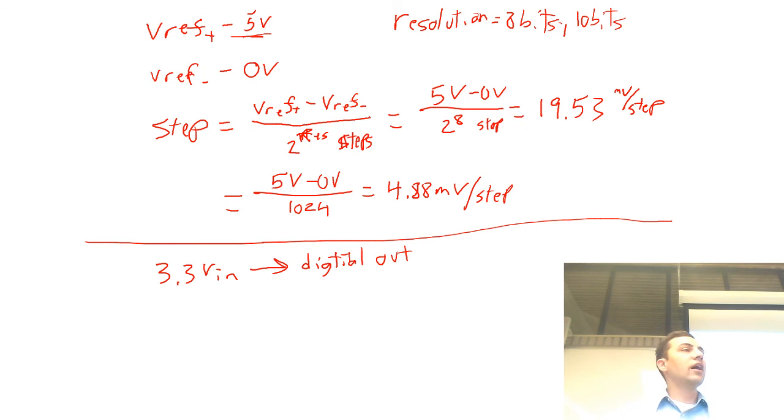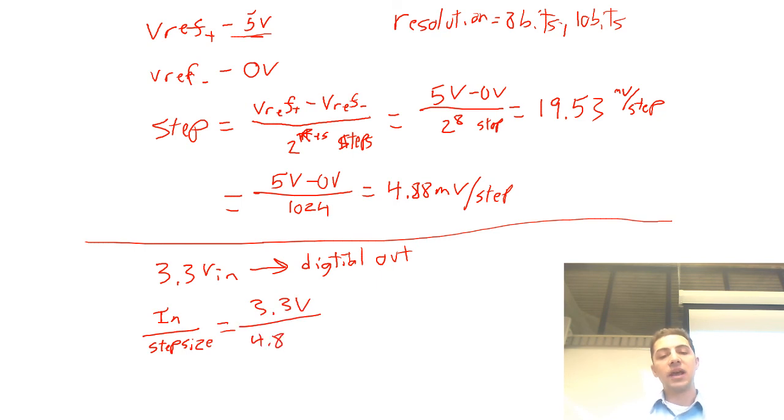How would I figure this out? What would my digital output be if I have a particular analog voltage? Well, it's as simple as in divided by step size. My input is 3.3 volts. My step size is 4.88 millivolts per step. So calculate that out.